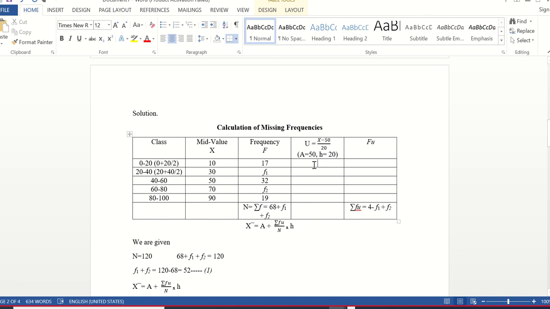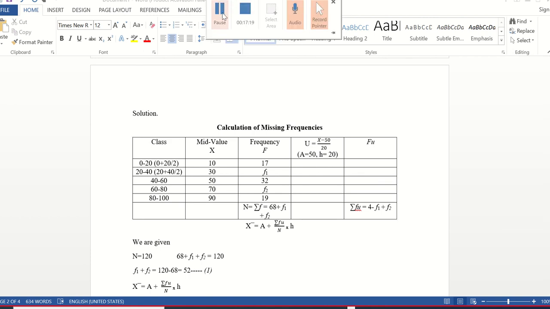Now I have to find U, as we used to do in previous questions. So how will I calculate U? Again, I have to pick one assumed mean.